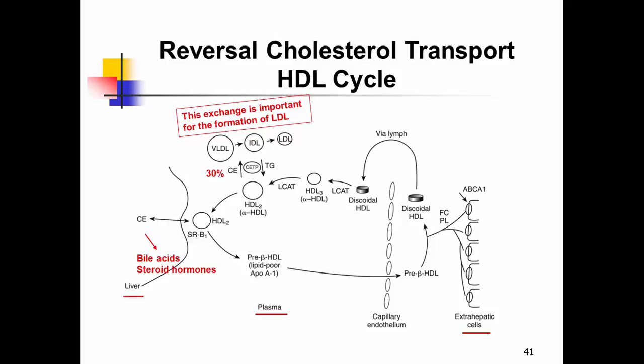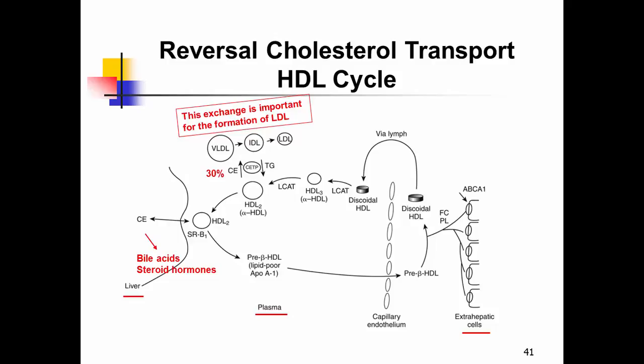First of all, I mentioned that the free cholesterol on the surface of the discoidal HDL needs to be esterified to cholesterol ester and then move into the core of the alpha HDL. So the first reaction is the re-esterification of the free cholesterol to cholesterol esters, and this is done by the enzyme LCAT.